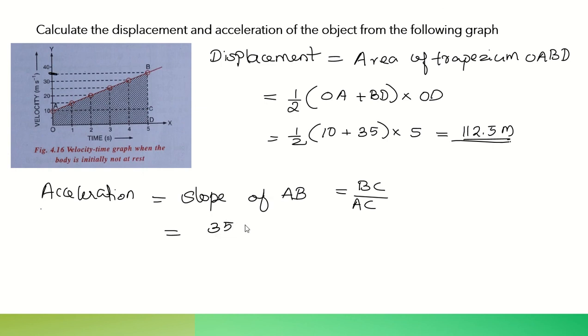This is how we have to take that value, okay? 35 minus 10, because B corresponds to 35 and C corresponds to 10. So this is going to be 35 minus 10 divided by AC. It is 5 minus 0. So 35 minus 10, 25, 25 by 5, 5 meter per second square. So you got the acceleration also. So I'm just giving you different types of examples here.